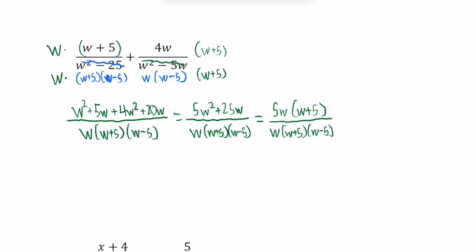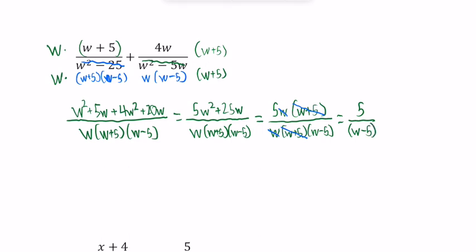And in this case, it looks like there's a couple of things we'll be able to do to reduce it. We have a w plus 5 we can cancel out of the top and the bottom, and we have w we can cancel out from the top and the bottom. This leaves us with 5 over w minus 5 for our final answer.